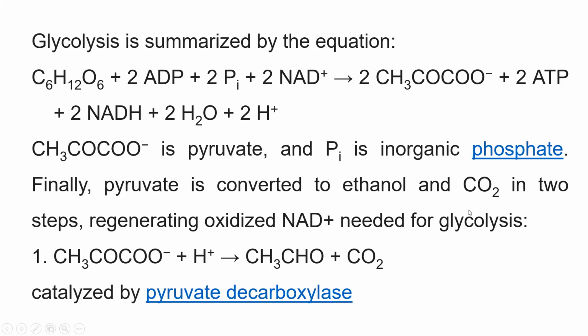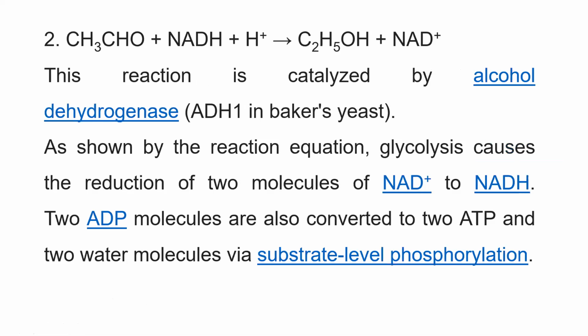which is needed for glycolysis. So 1 molecule of pyruvate in presence of pyruvate decarboxylase gives you CH3CHO. Then this CH3CHO in presence of the reducing agent is converted to C2H5OH, that is ethanol, plus NAD positive in the oxidized state.